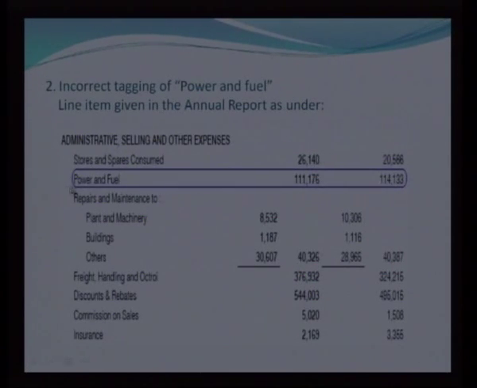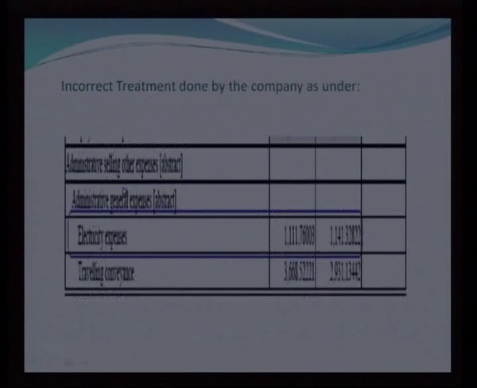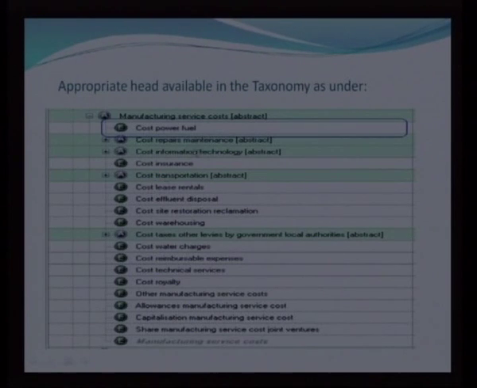Now here, power and fuel. Generally what people used to do is, power and fuel, let's tag it with electricity. Similarly here also it has been tagged with electricity expenses. And we have a specific tag, cost of power and fuel. When a specific tag is available, I'm requesting again, kindly use the appropriate tag only.